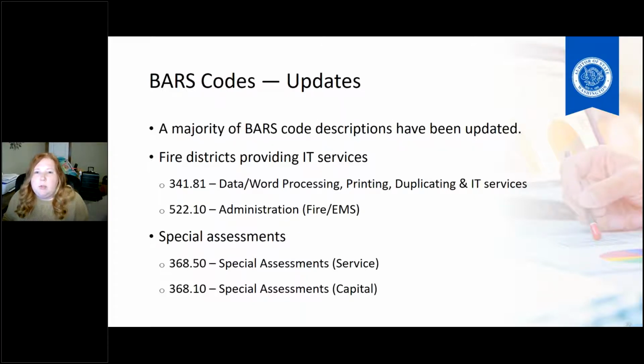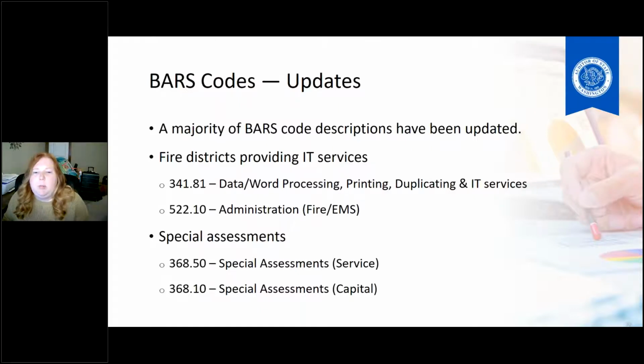We were able to finalize the guidance for that. So when reporting revenue for providing IT services, you're going to use BARS code 34181, and the expenditures related to providing that service would be reported to 52210. Again, those codes are in your chart of accounts download and also in your handout.